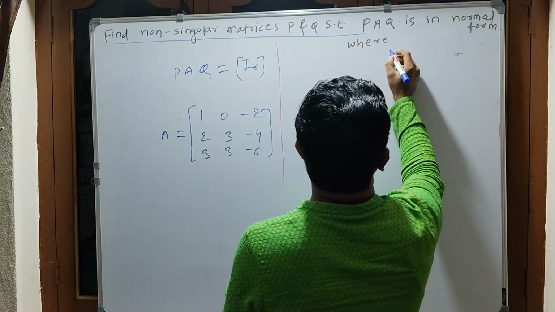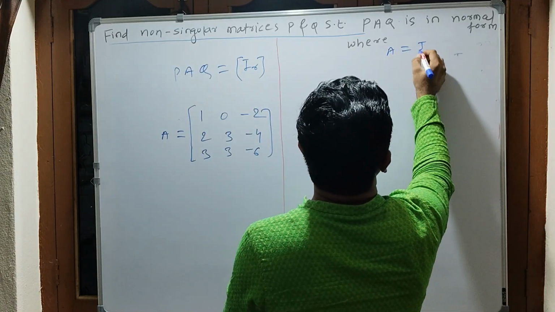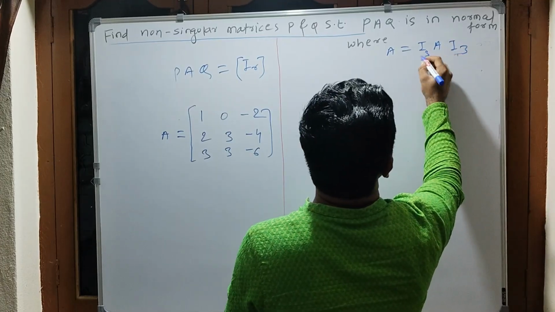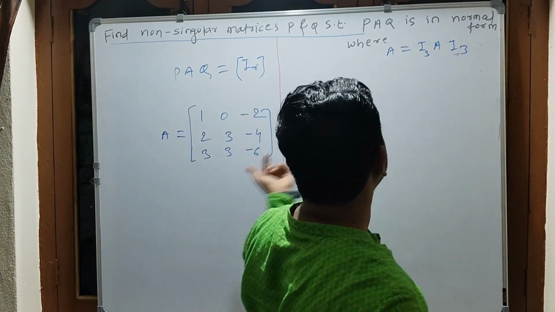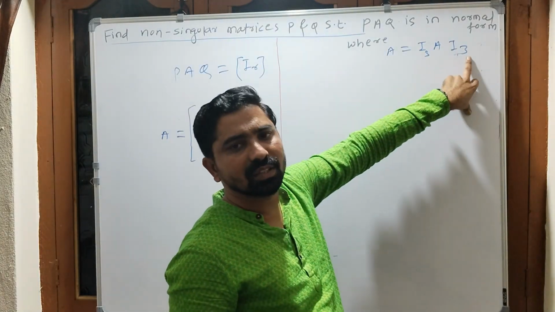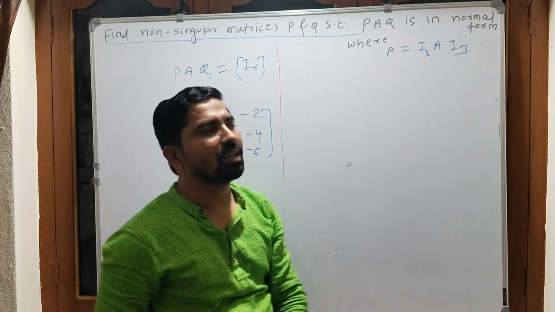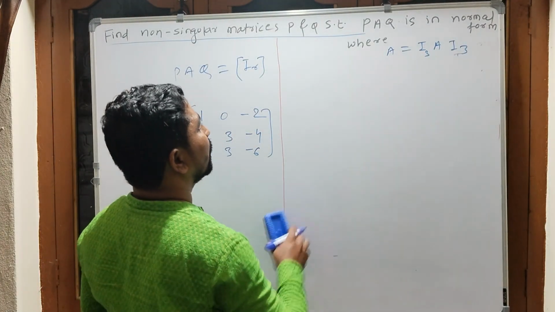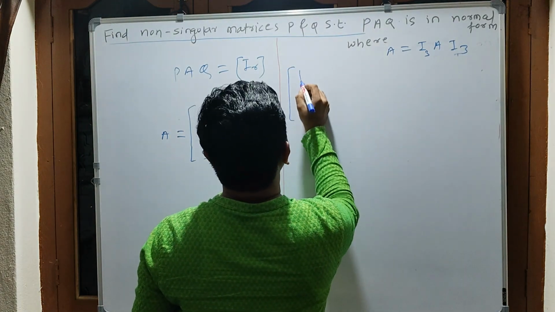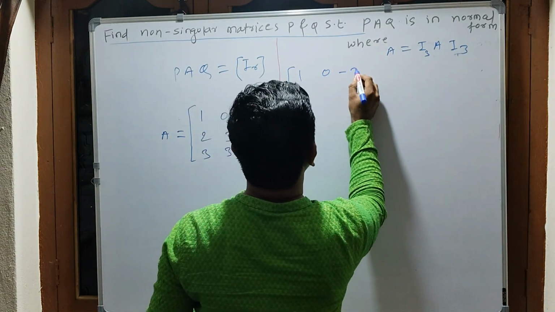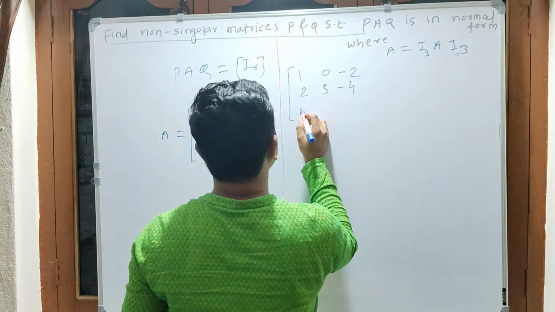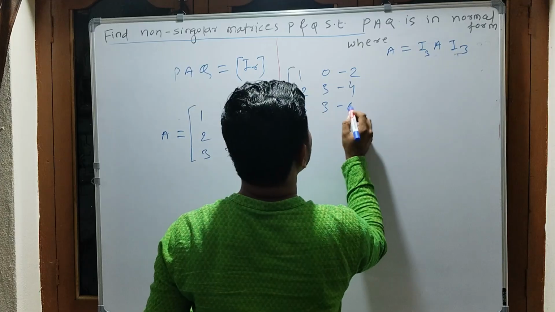Here I will solve this example. So here I am writing A equal to I, A, I. Here 3, 3, because A is a matrix of order 3 cross 3. So here is the identity matrix of order 3 cross 3, and here is also an identity matrix of order 3 cross 3. Now given A is 1, 0, minus 2, 2, 3, minus 4, 3, 3, minus 6.